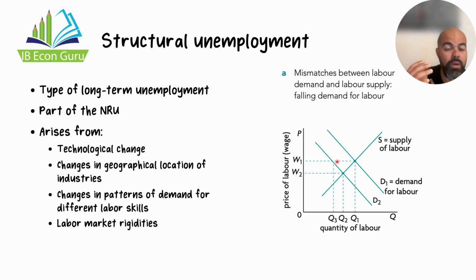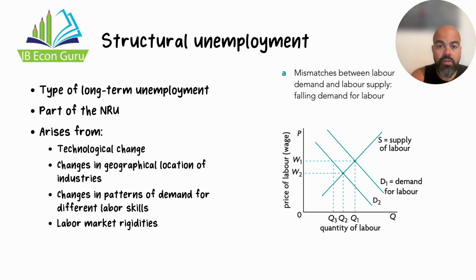Over time, we would hope that the wage would fall to W2 and then that unemployment would disappear. But that doesn't always happen. Because of the labor market rigidities, the wage rate is stuck at W1. So the difference between Q1 and Q3, Q1 minus Q3, that's the quantity of structurally unemployed workers due to the downward inflexibility of wages due to those labor market rigidities.